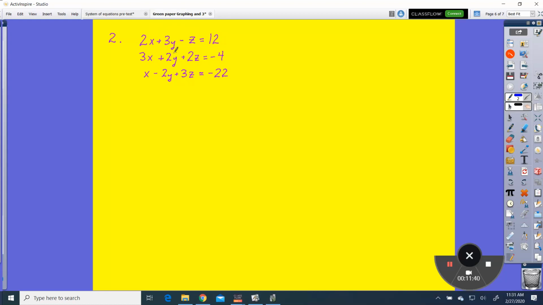I see these y's are the same, so I'm going to combine these two equations first of all. So I write those two equations down, and I combine them. And the y's go away.